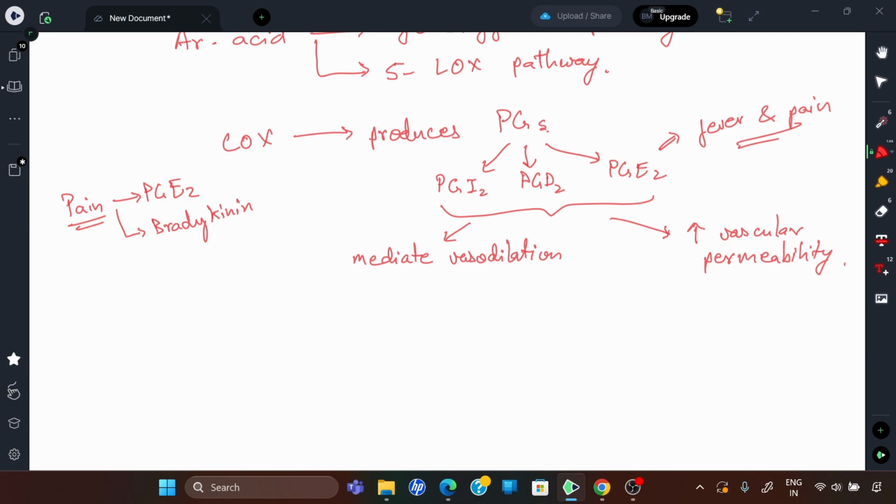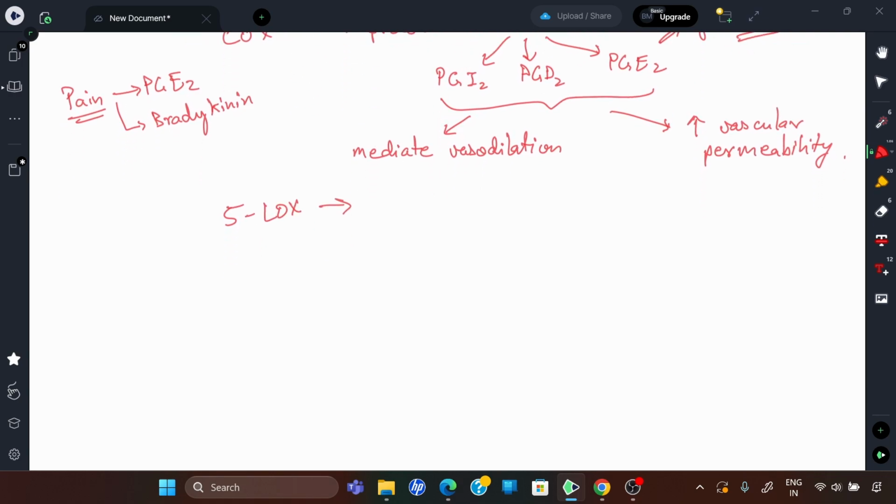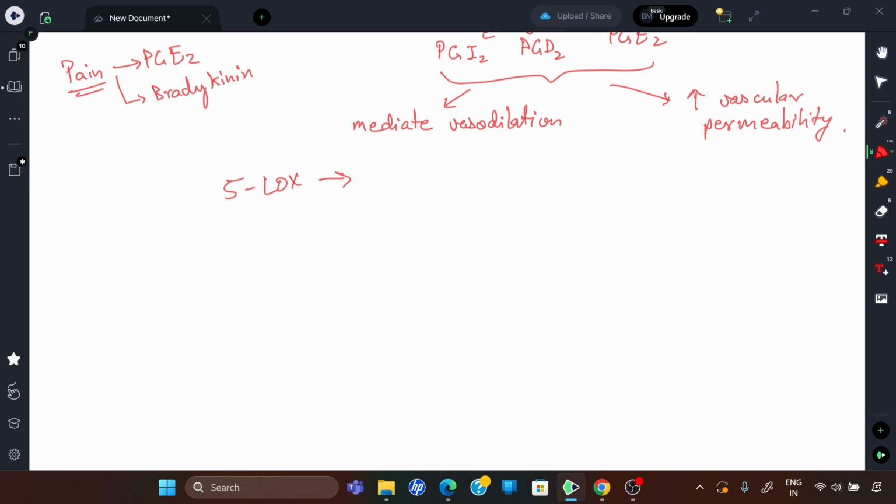Now let's see what happens in the 5-lipoxygenase pathway. When arachidonic acid undergoes this 5-lipoxygenase pathway, then leukotrienes are produced, right? And let's see some of those important leukotrienes which we should know.